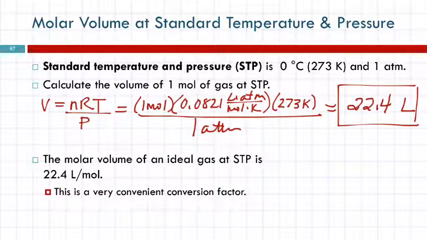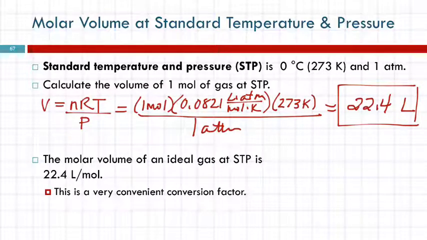When a gas is behaving in an ideal fashion, the size of the gas molecule doesn't matter. It'll change the mass, but it won't change how the gas behaves. So the molar volume of an ideal gas at STP is 22.4 liters per mole. That is a conversion factor that allows us to very easily go between moles and liters.